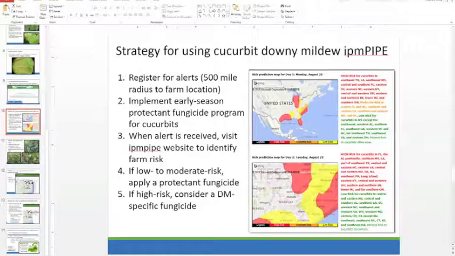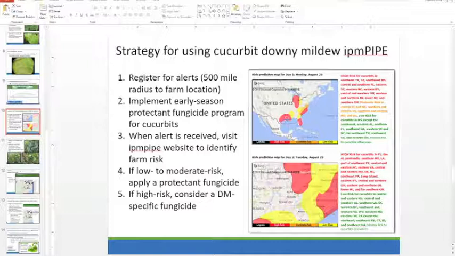And so I would consider that an early season protectant in the absence of downy mildew pressure. The third step is when you get the alert, you visit this website to identify your individual farm risk. You can see screen caps that I put up from last year's monitoring resources.